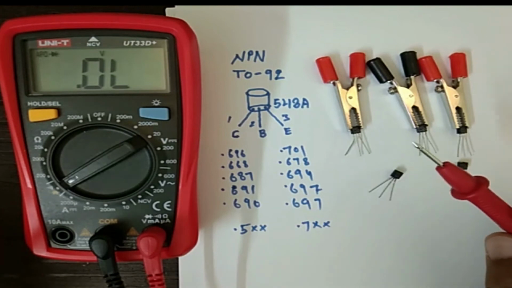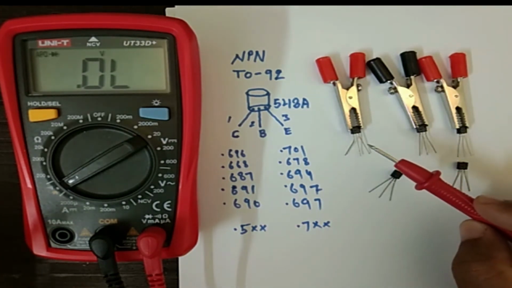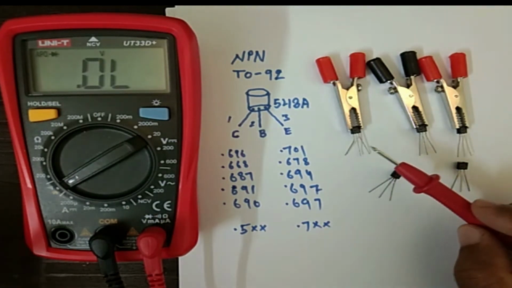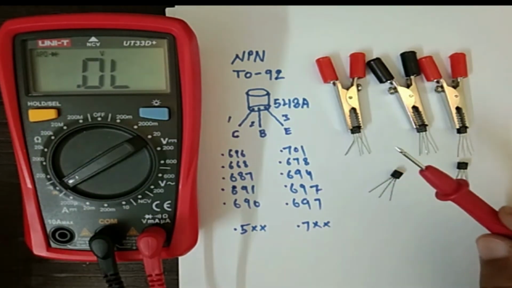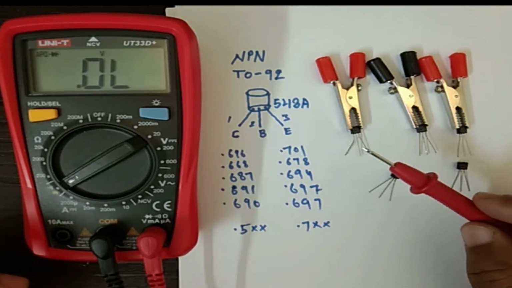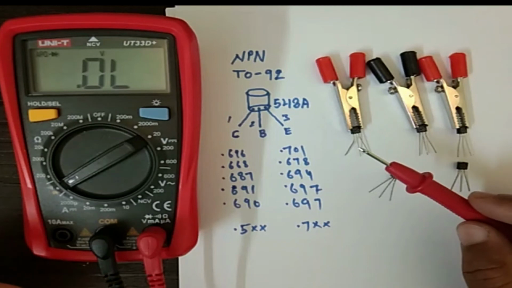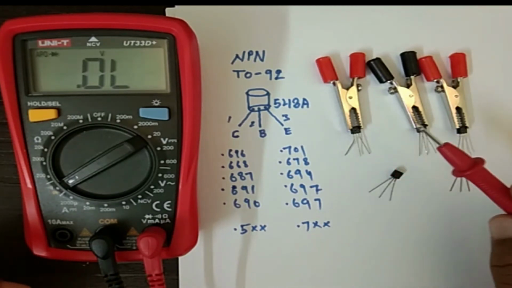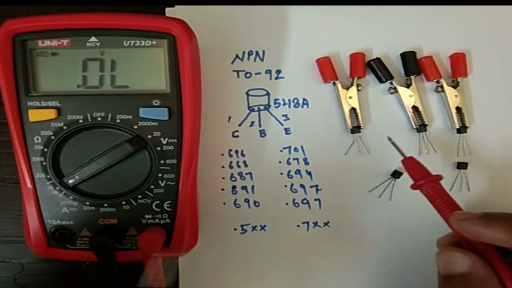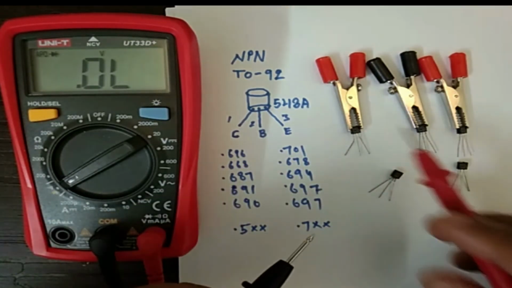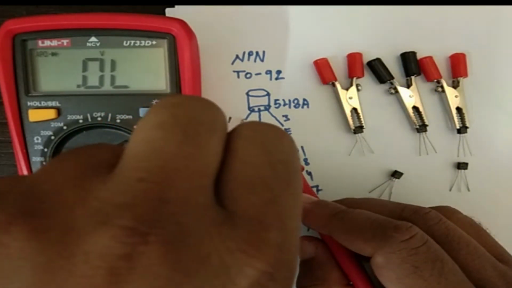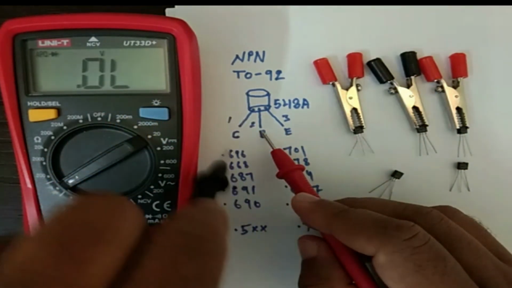Okay, and if the transistor does not show this type of value, whatever we have measured so far, you can say the transistor is damaged. And another way, the damage condition of the transistor, it may show all 3 pins short, or all 3 pins open. Even here and here it will not show this value.